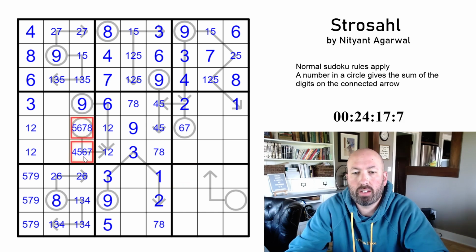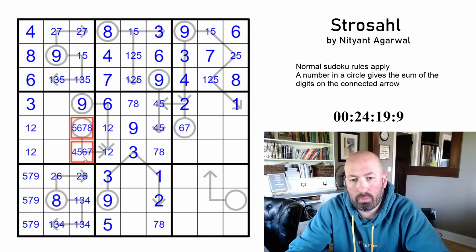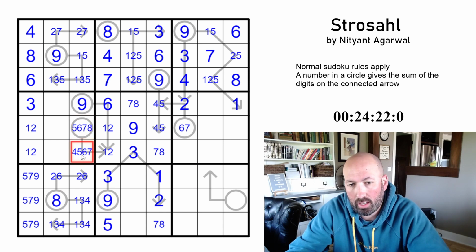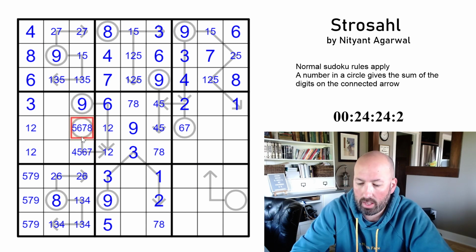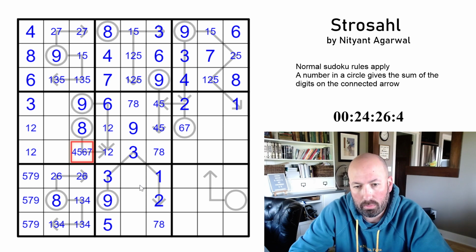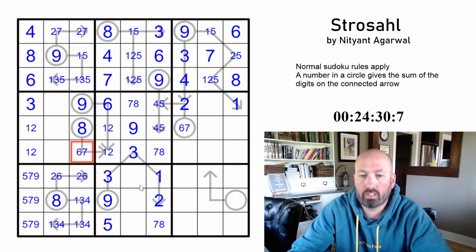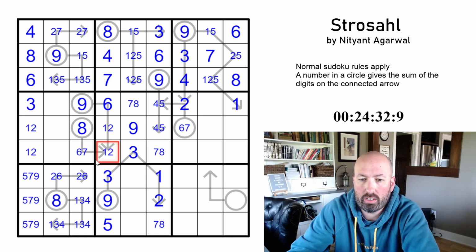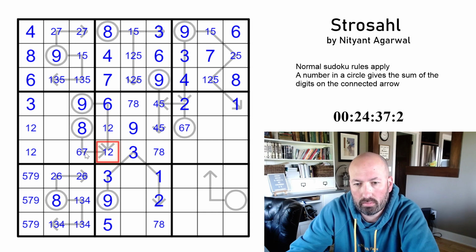Oh, but we have to have an 8 over here. Look, these two 8s mean there's an 8 in one of those two, and it can't be there because this would have to be 9. So that has to be 8, which means this can't be 4 or 5. It could be 6 or 7. It could be 6, 2, or it could be 7, 1.